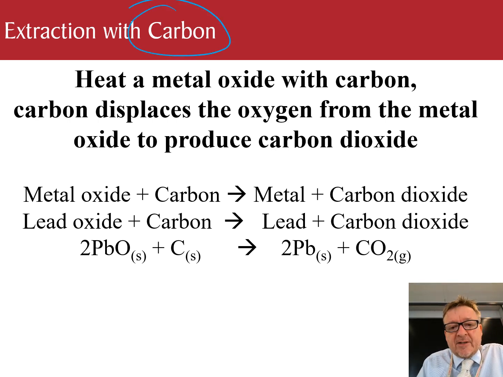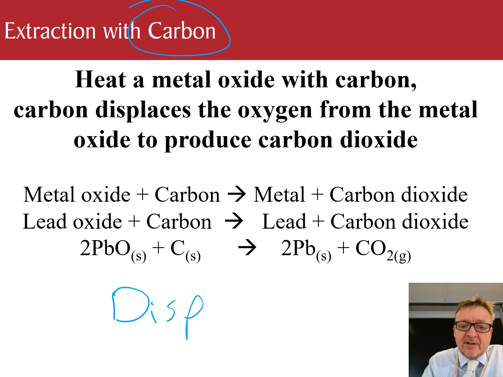Again, think about the reactivity series. All the ones above carbon you cannot extract with carbon. All the ones below carbon you can extract with carbon. And it is that displacement reaction I talked about before on that table, where you have a metal oxide and carbon, and you'll make metal and carbon dioxide.